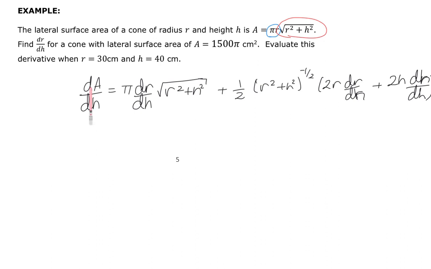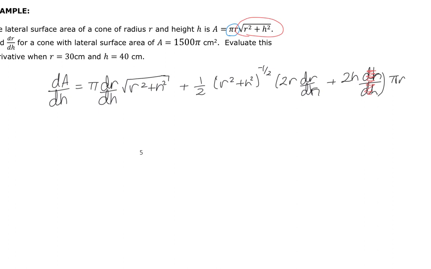Well, that's because I'm finding the derivative of A with respect to h. I'm finding everything with respect to h. So wherever I have a variable, I'm going to do it with respect to h. Now we know that dh/dh will be equal to 1, so I didn't really need to write that there, but I didn't want to not write it because it would have been confusing as to why it wasn't there. But it really is 1.